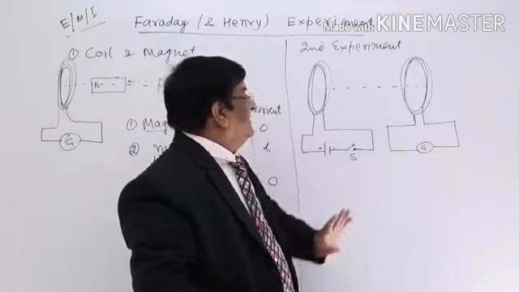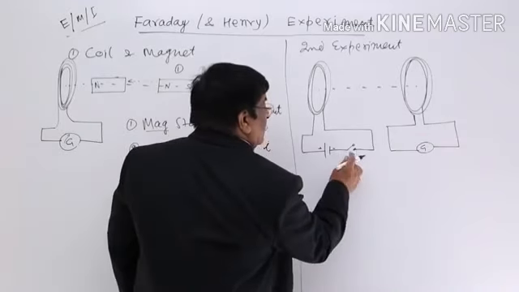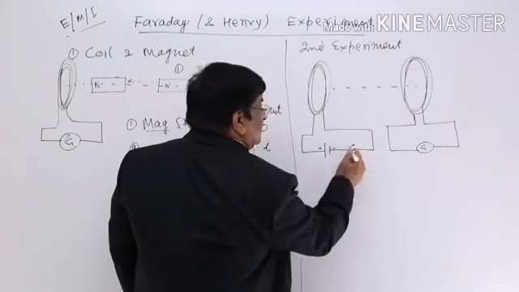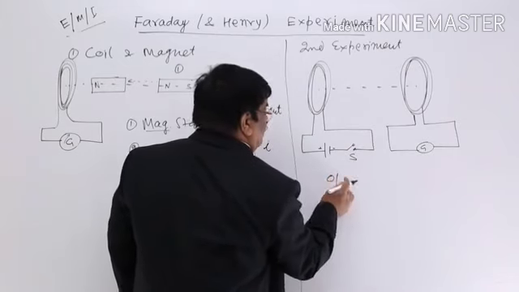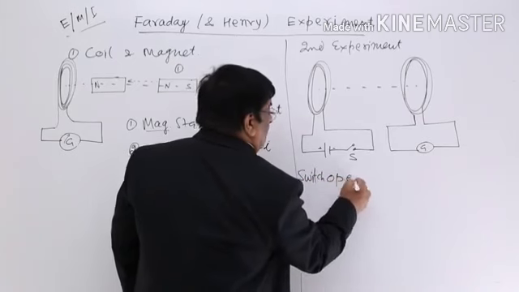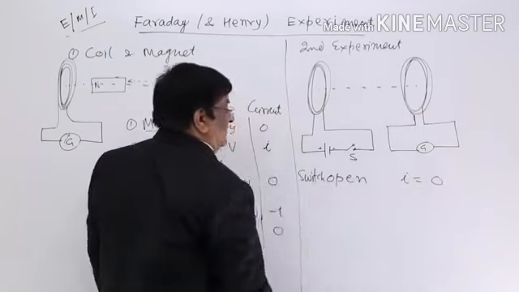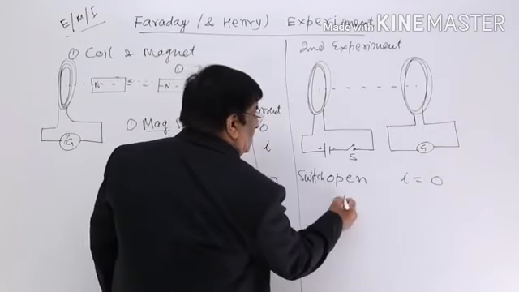At present this is 0. How is the switch? The switch is open. Switch open, here I is equal to 0. Then what do we do?